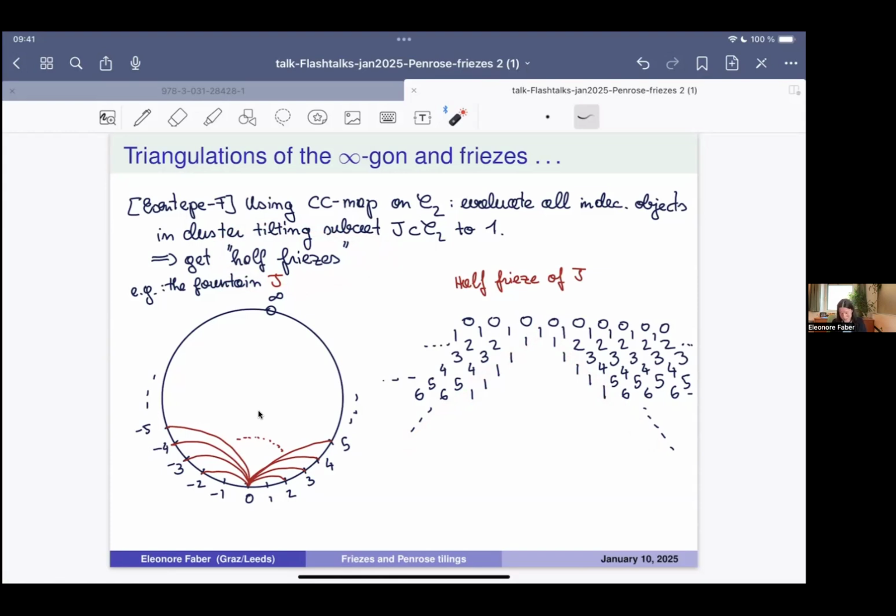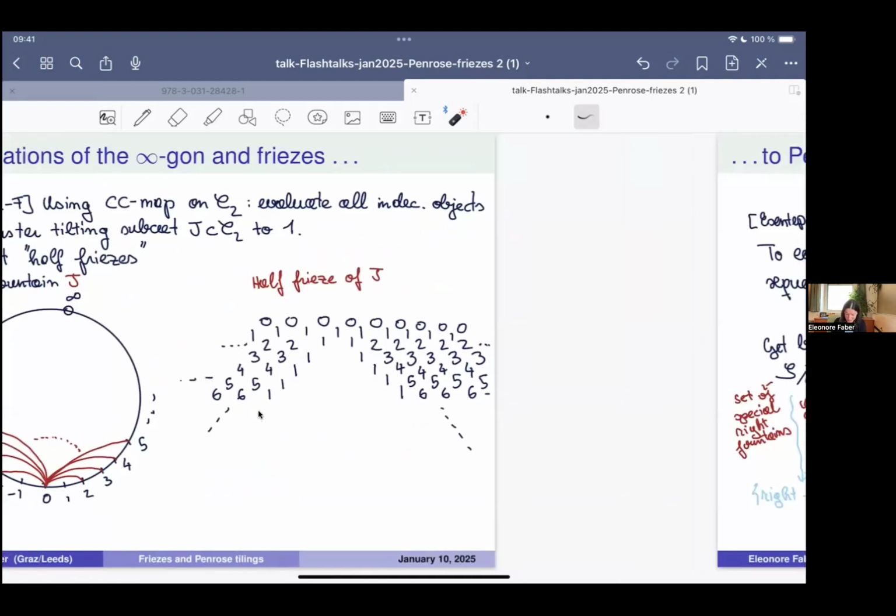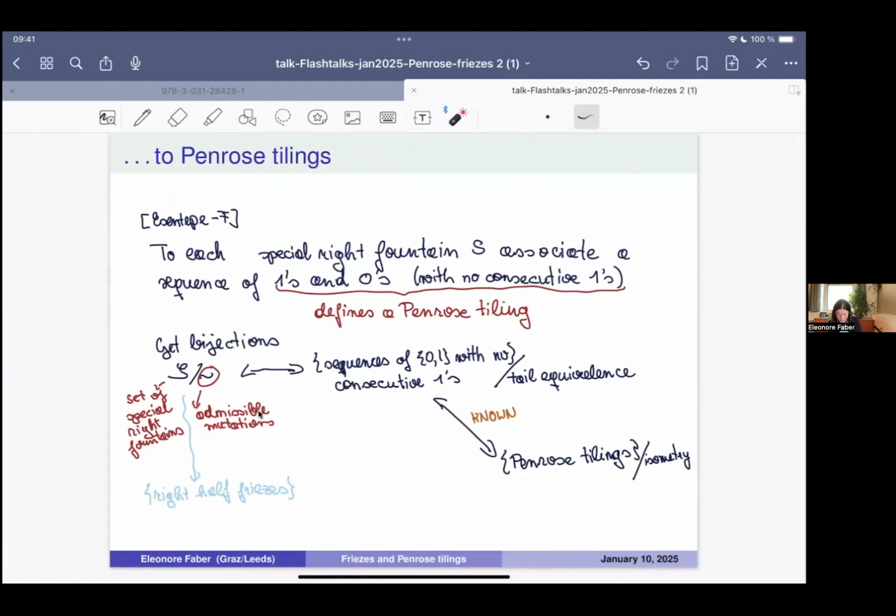And then you might ask, what has this to do with Penrose tilings? This is the last part. Now we need what's called a special right fountain. To every fountain, one can associate a sequence of ones and zeros with no consecutive ones. Maybe I'll draw again what a special fountain means.